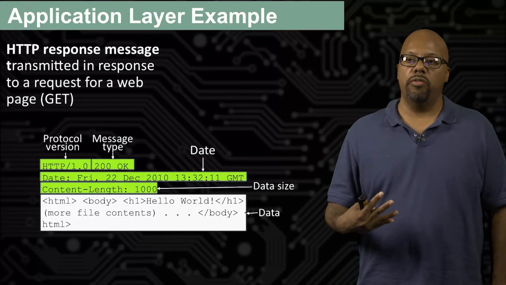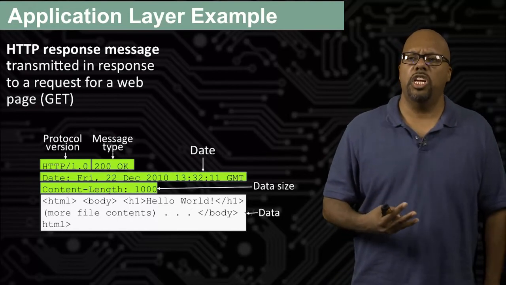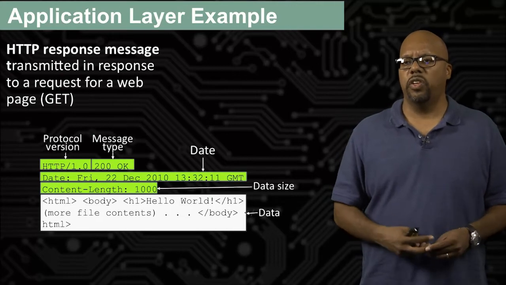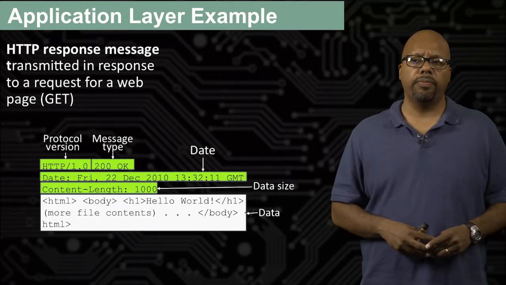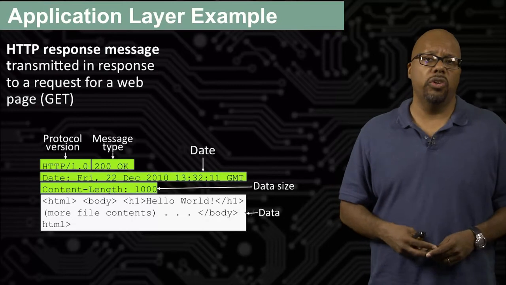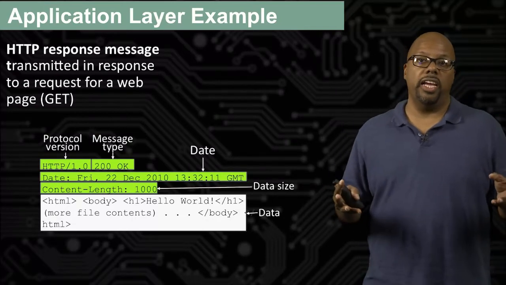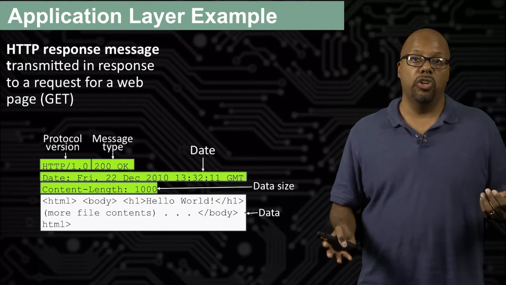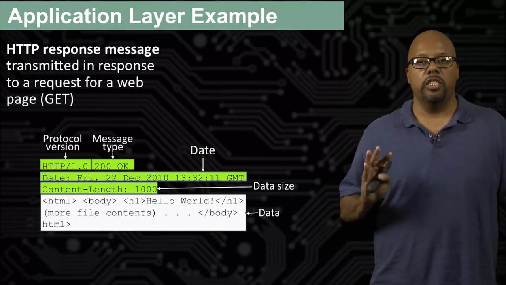Now, the header information gives information about the message, but it's not the actual content. So for instance, the first line gives you the protocol version, and also the message type. 200 OK, if you look at the HTTP protocol, which you can Google and get a very large protocol document, has a particular meaning.